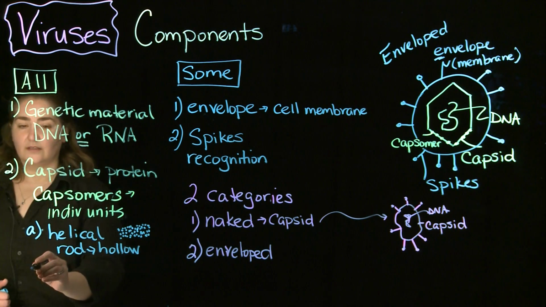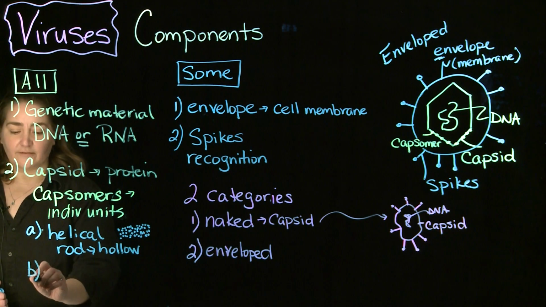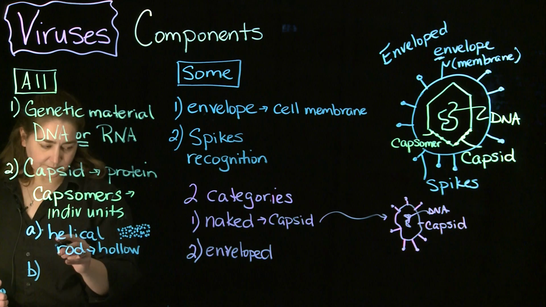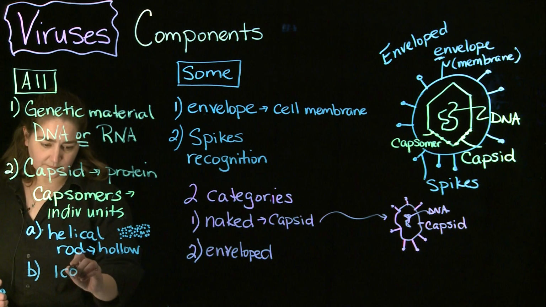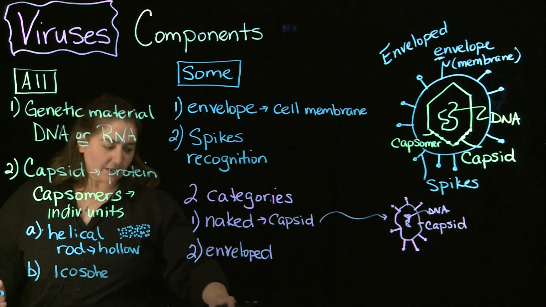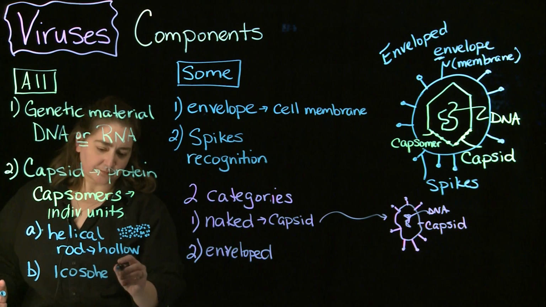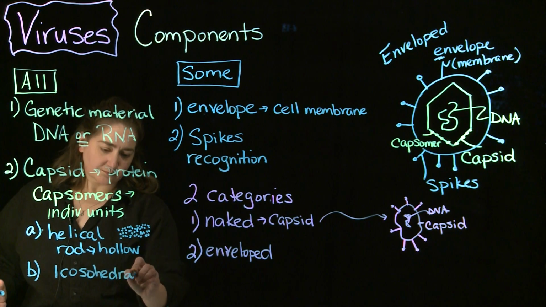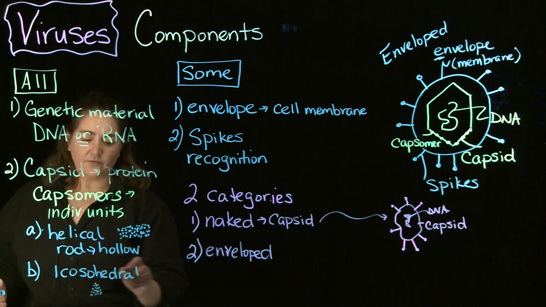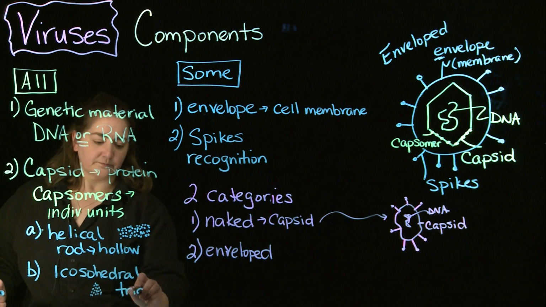You can also have capsids that are known as icosahedral. Essentially, those icosahedral capsids are more triangular in shape.